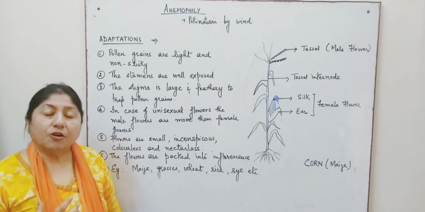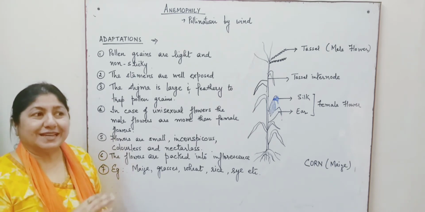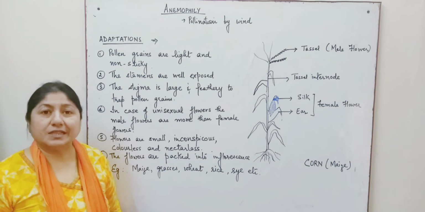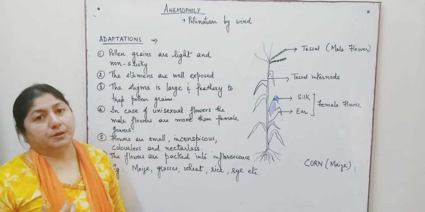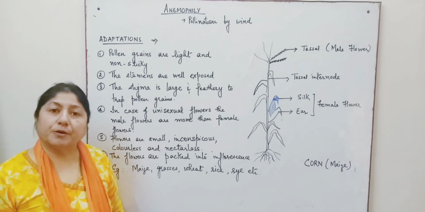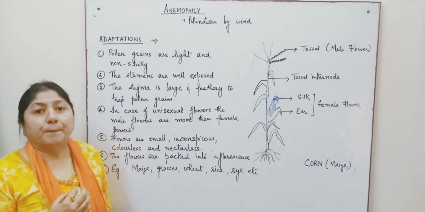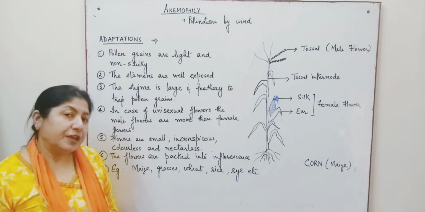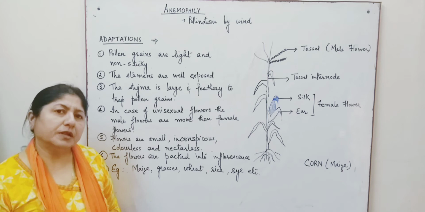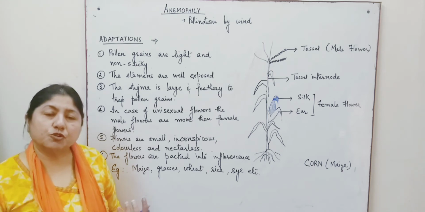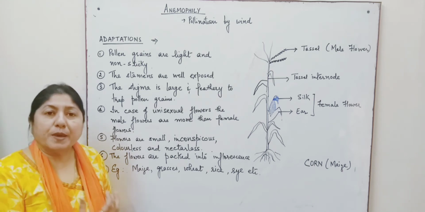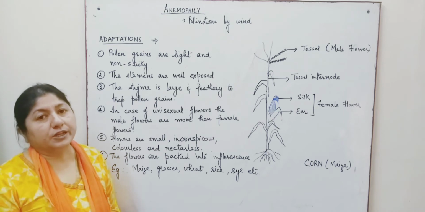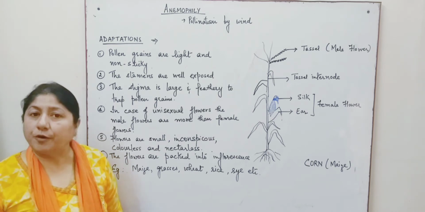Now, when we observe, we find that in nature, mostly the pollination in the plants is brought about with the help of biotic factors. Very few species, compared to the total number of species, go for water and wind pollination.